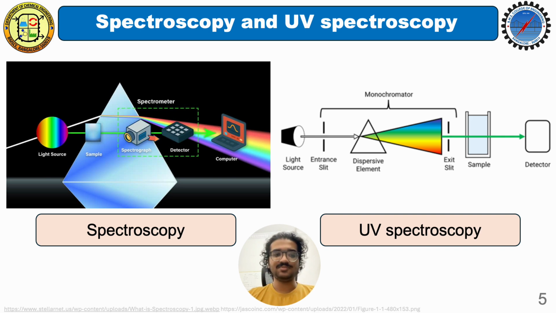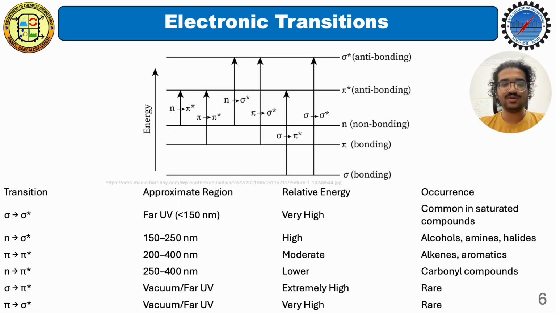Further, our atoms and molecules can absorb energy. For the UV spectral region, electronic transitions occur. The electronic transitions that occur can be classified by the type of transition in the different types of covalent bonds, and each of these transitions has a different relative energy requirement.